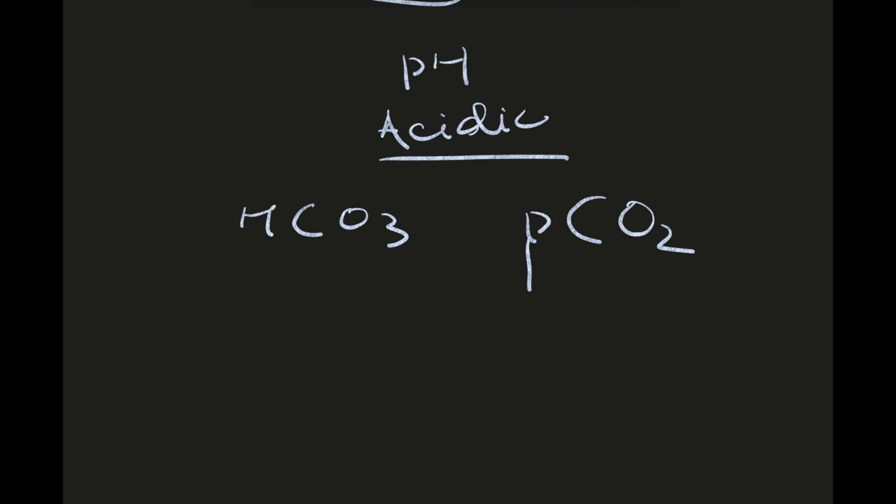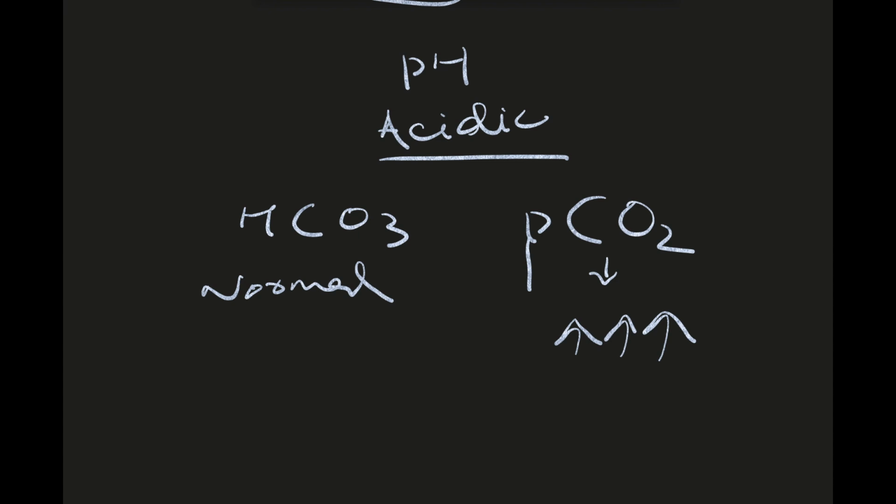Now, HCO3, this bicarbonate, you find it normal. Then your problem lies in this component, carbon dioxide. It must be higher to make it a primary component that is the culprit, making it respiratory acidosis.